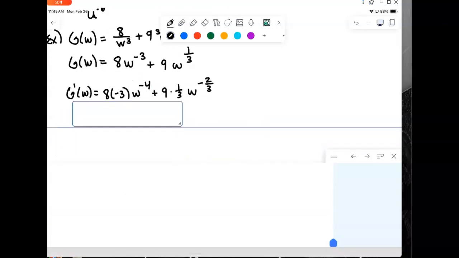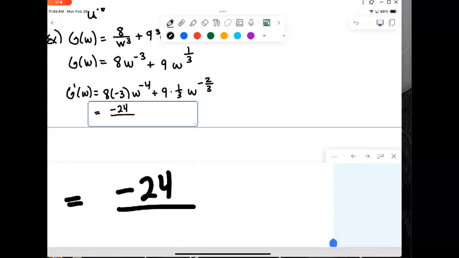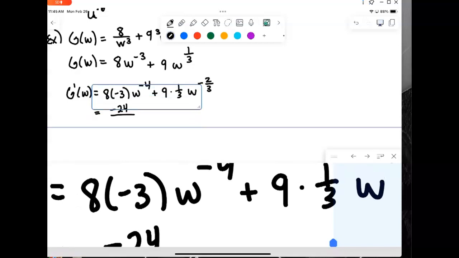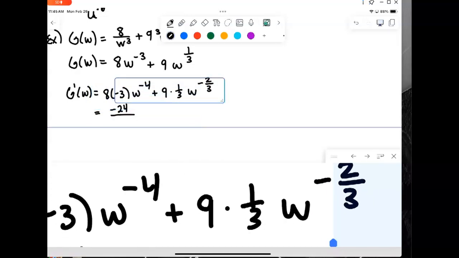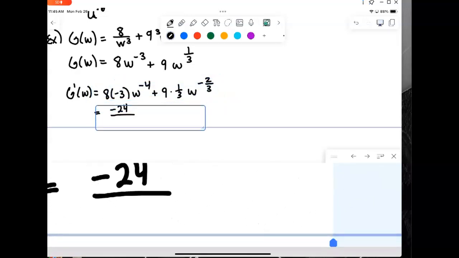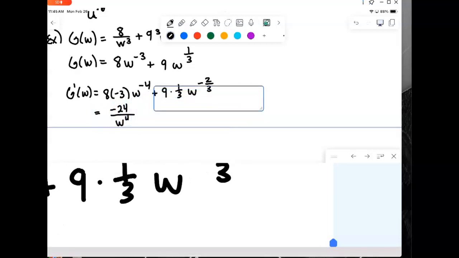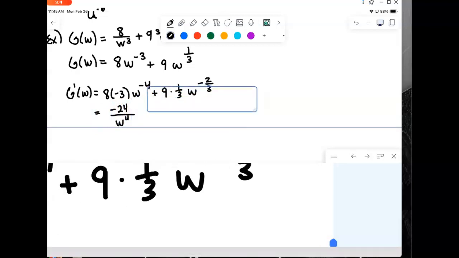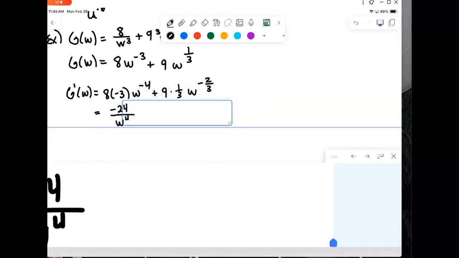All right, and then we go through and simplify here. 8 times negative 3 will be negative 24. That'll be my number. That'll go on top. And then w to the minus fourth will go to the bottom as w to the fourth. We continue. 9 and 1/3 would each be 3.